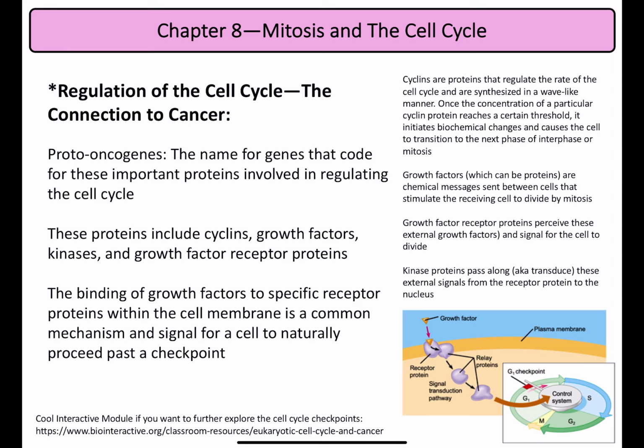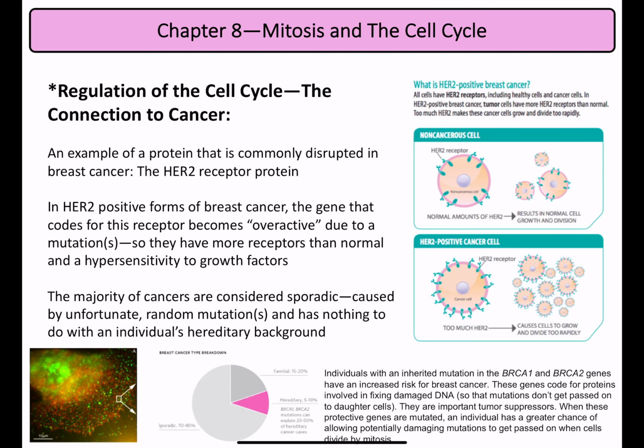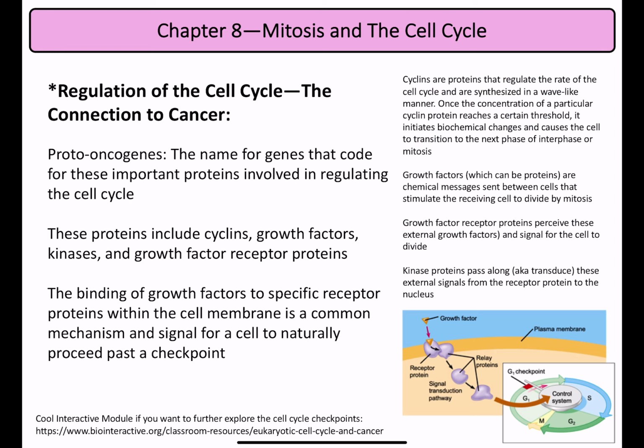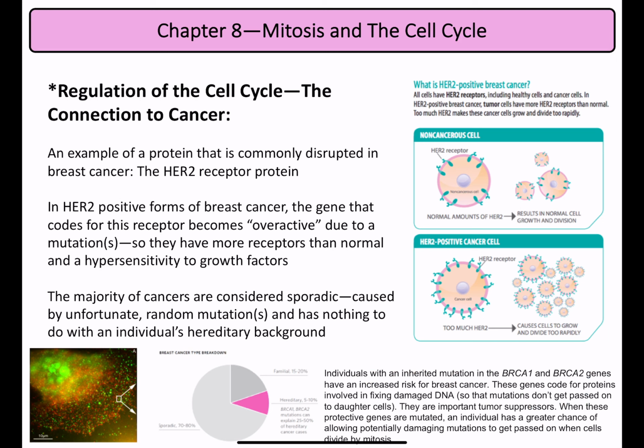So I want to give you a real example. One of the more common forms of breast cancer is caused by a mutation in a receptor in breast cells. And there are two different ways that this can be affected. One way is that the receptor of those cells, shown in green, can have a mutation that causes it to be hyperactive. So maybe it thinks there's a growth factor telling the cell to divide when there's not even a growth factor there.